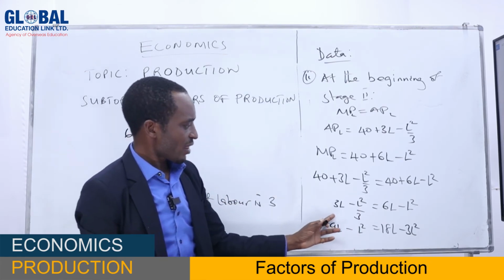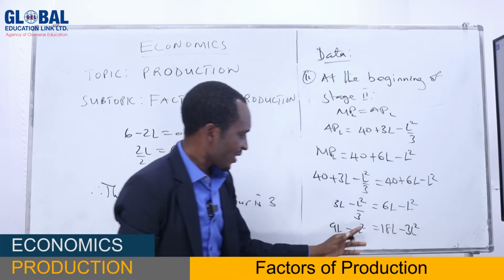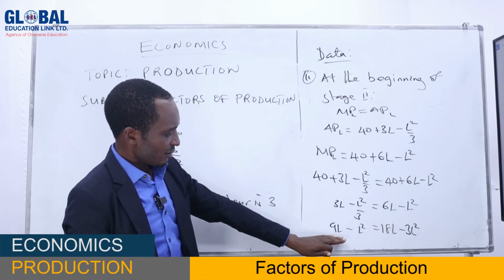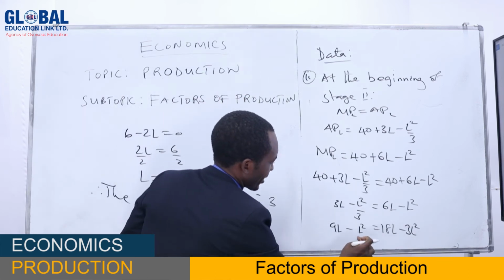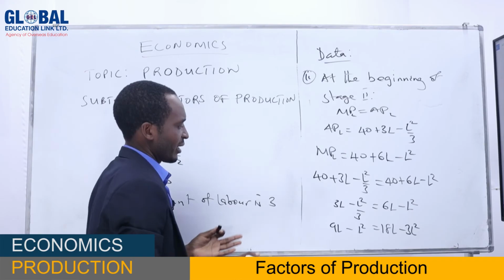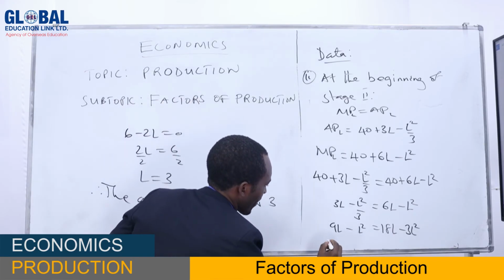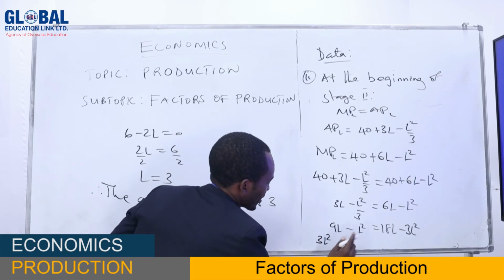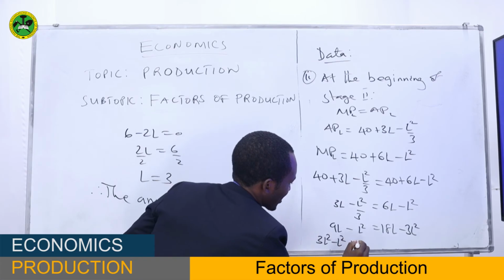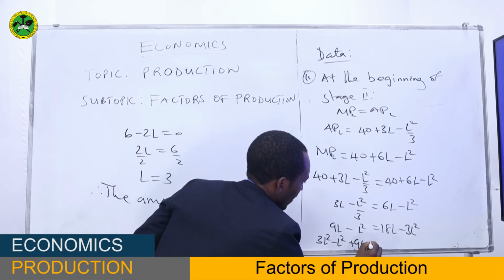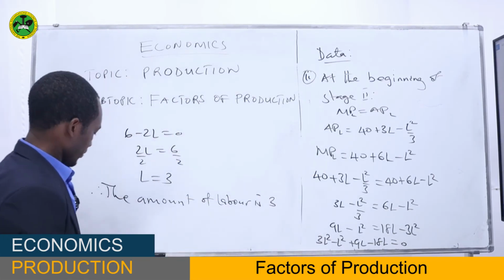So when you multiply throughout by 3, we remain with this equation. So you collect the like terms. This and this one come on the same side, so this one coming this side will be 3L square. So you have 3L square minus L square plus 9L minus 18L equals 0.